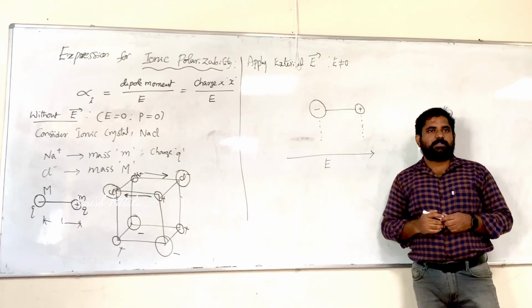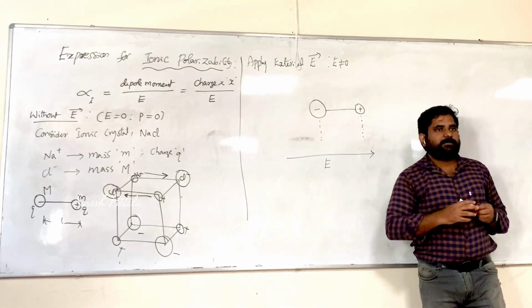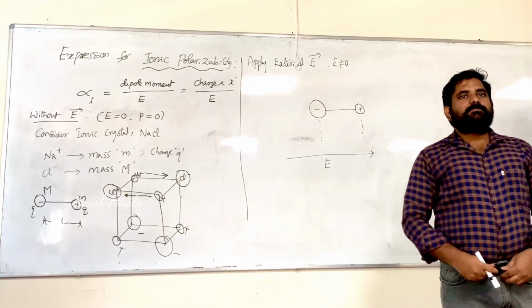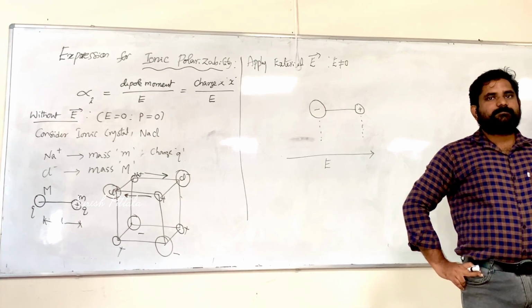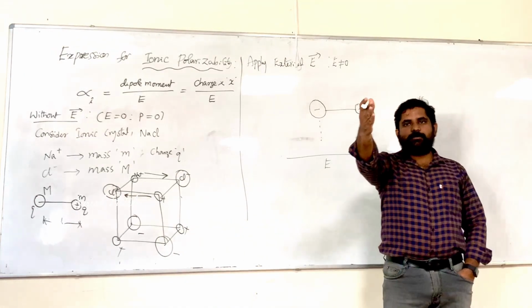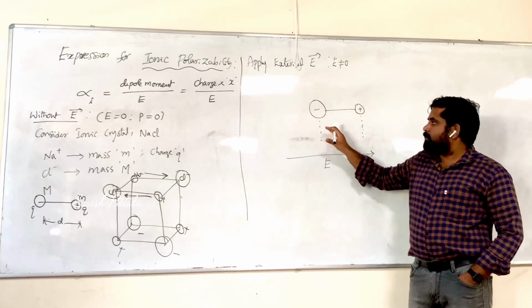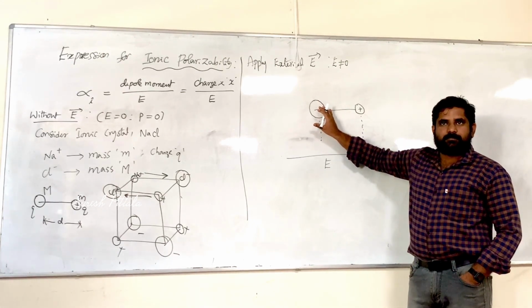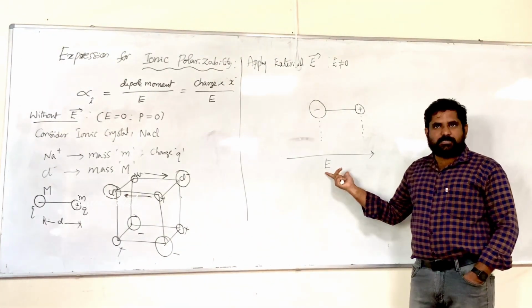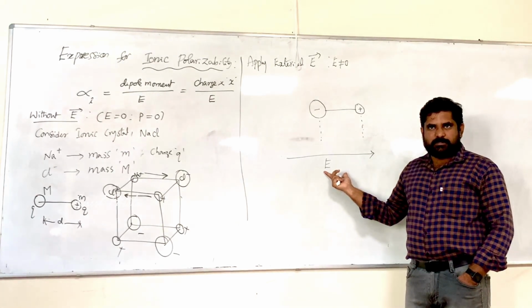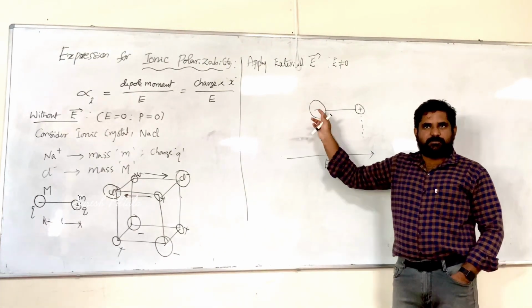What happens to the negative charge after the application of the electric field? What will this chlorine do? It sees the electric field, right? What is the electric field trying to do? The electric field is forcing, it is providing a direction, right?